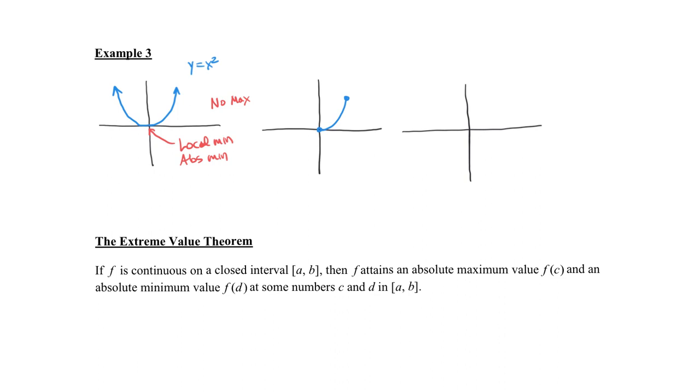Okay, so there's no local anything. Let me just write these down. So there's no local min, no local max. Okay, so what about that point right there? What is that point? Well, that point is going to be the absolute max, right?